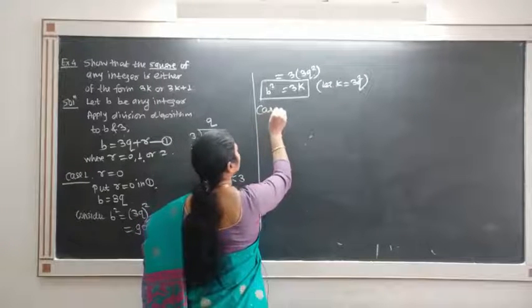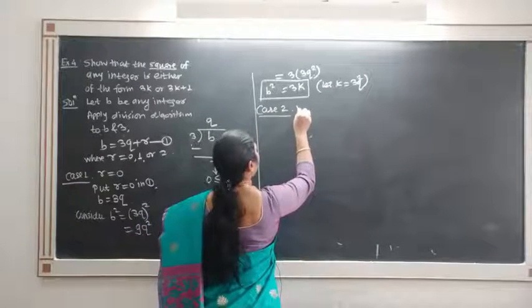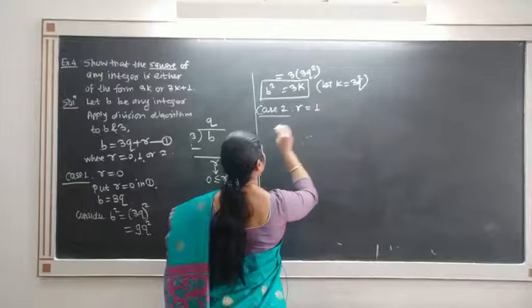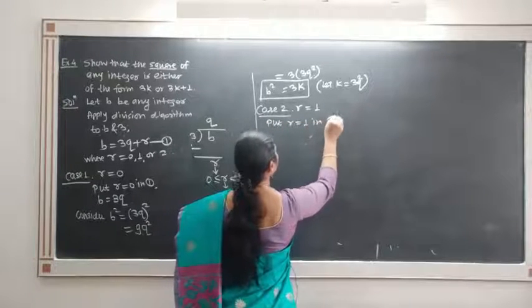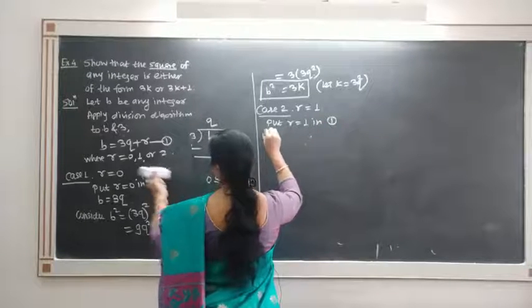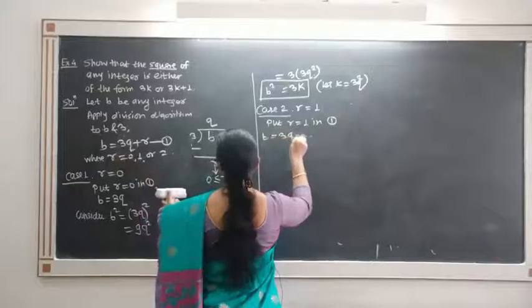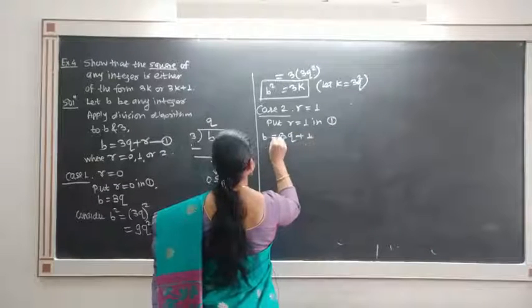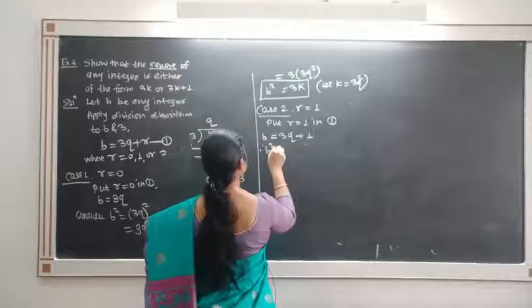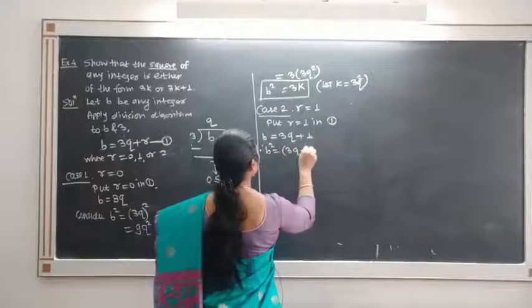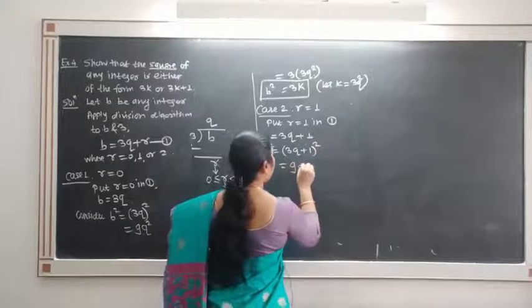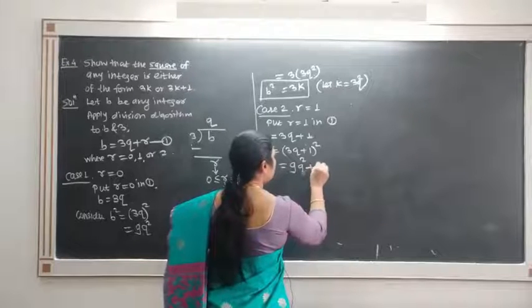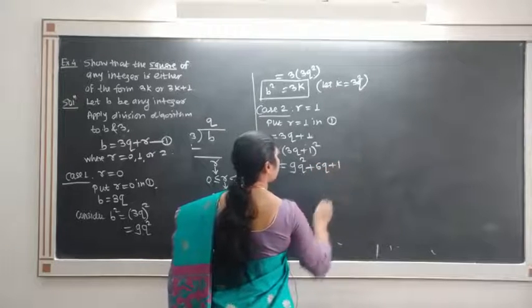Case 2: take r equal to 1. Put r equal to 1 in equation 1, we get b is equal to 3q plus 1. So what is b square? b square is equal to (3q plus 1) whole square. It is nothing but 9q square plus 6q plus 1.